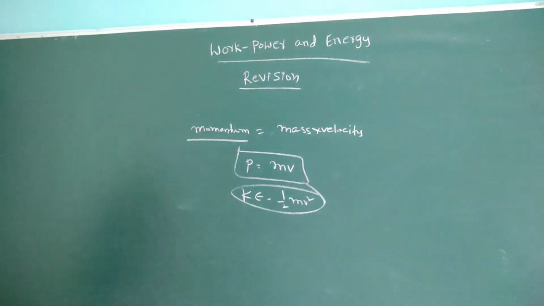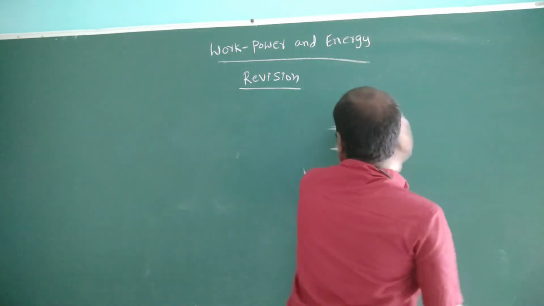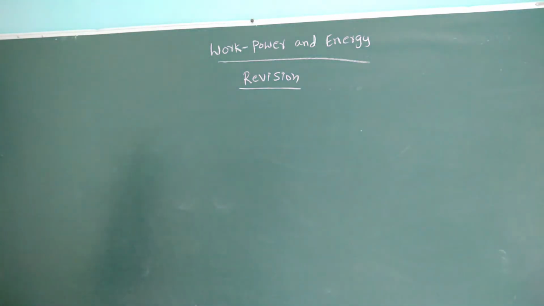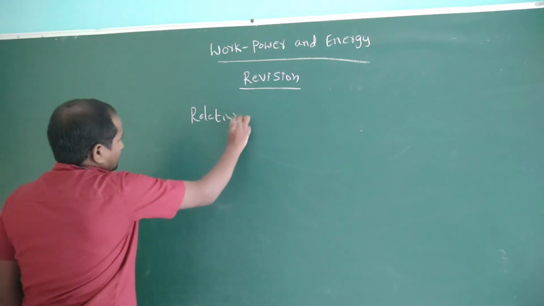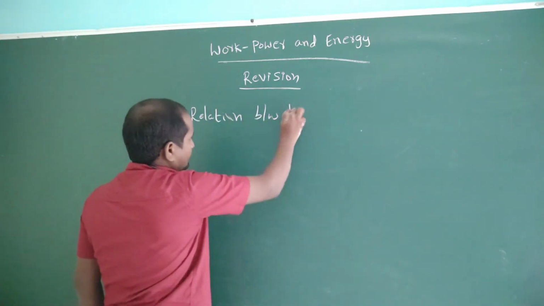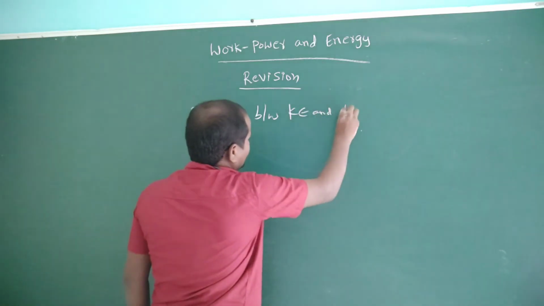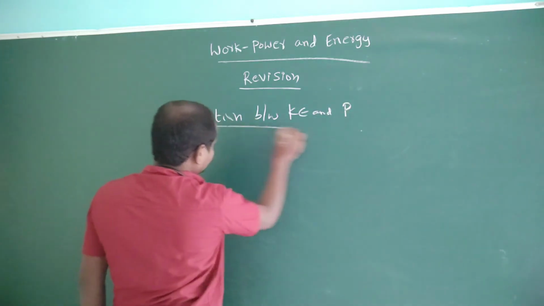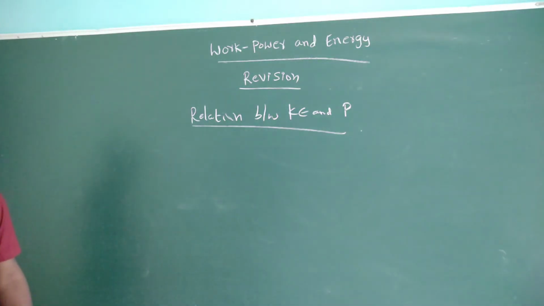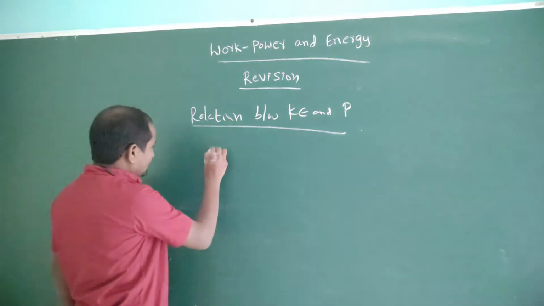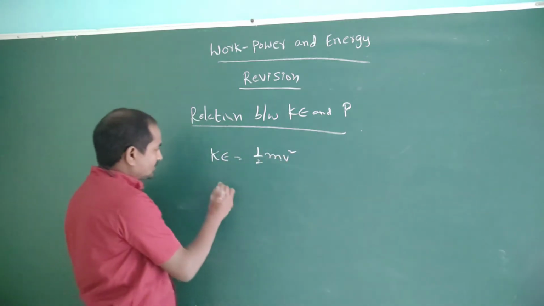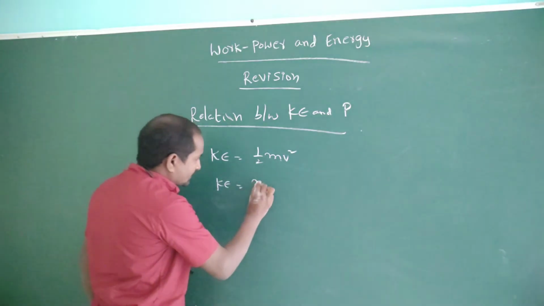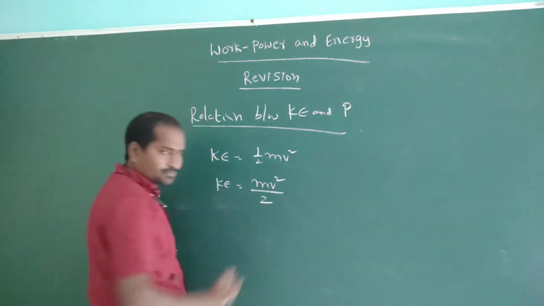Now I will write the relation between kinetic energy and momentum. So we know that K equals half into m into v square, so we can get K equals mv square by 2.